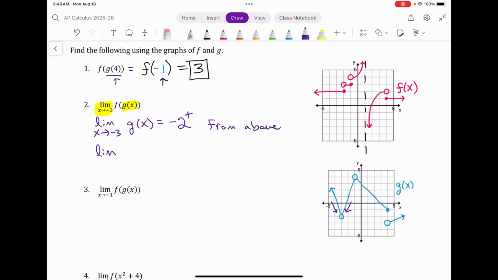So now we're looking for the limit as x approaches -2 from above. Or not from above, but from the right side now, since we're worried about the x value on the f of x. So if we look now at the f graph, at -2. Following it in from the right side, we can see we're approaching a y value of 3.